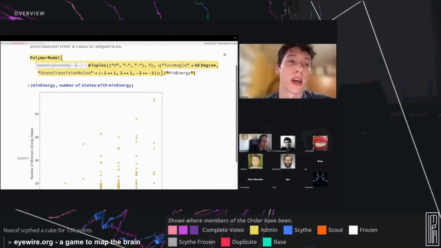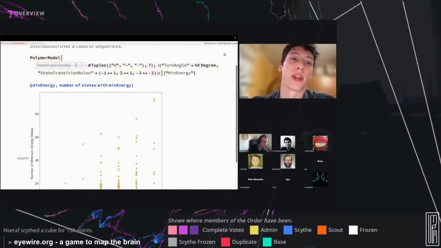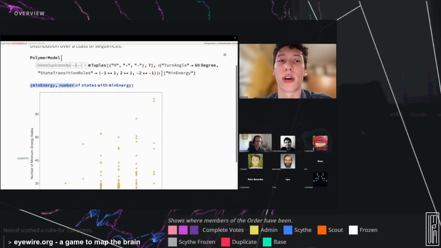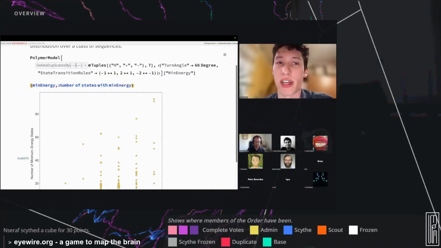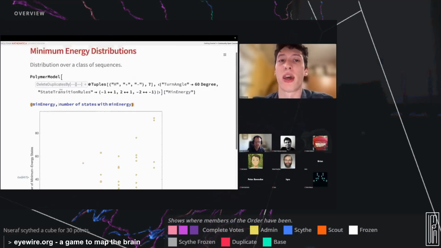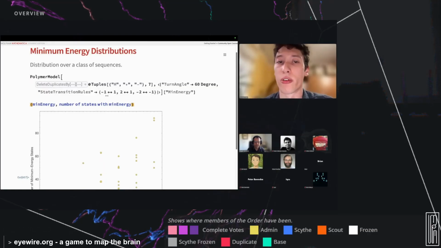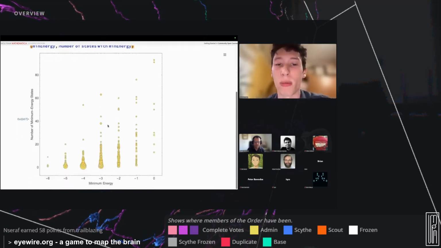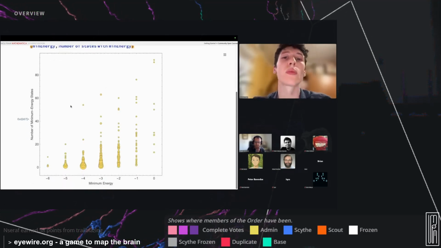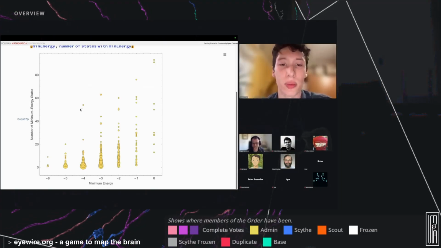As I mentioned before, these return a list of the minimum energy together with the number of states that have that energy. And then we get a bunch of these, one for each sequence that is in there. And then we can make this bubble plot of these tuples.